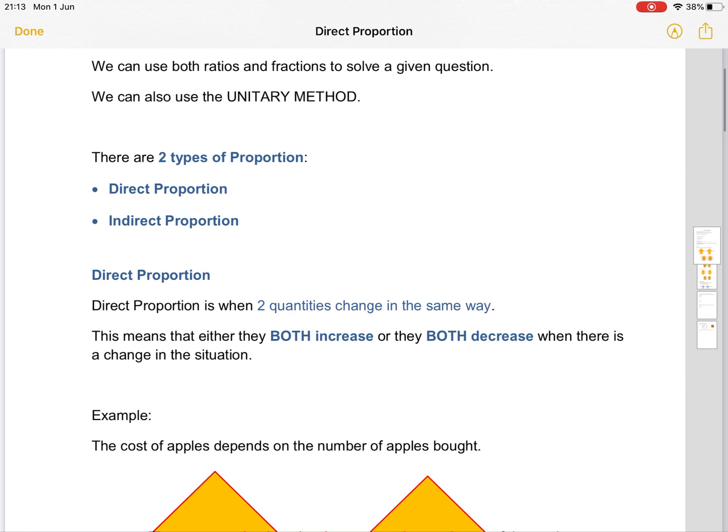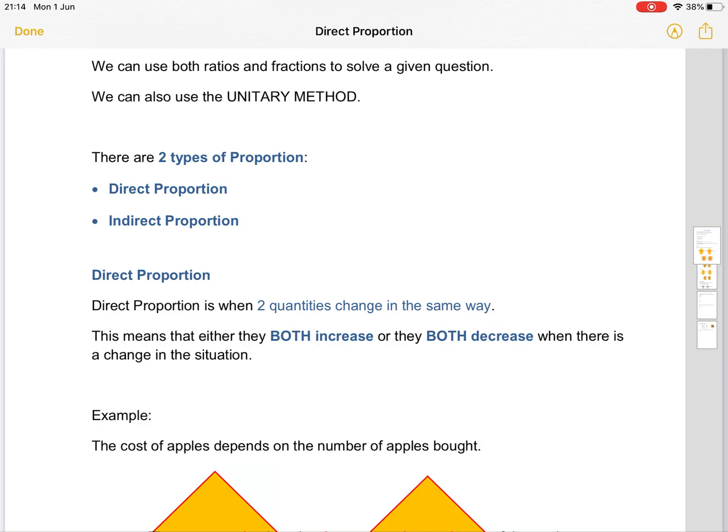There is the direct proportion and there is also the indirect proportion. For this year, we're going to focus on direct proportion, okay? You will do indirect proportion later on, all right? But for this year, we're going to focus on direct proportion.